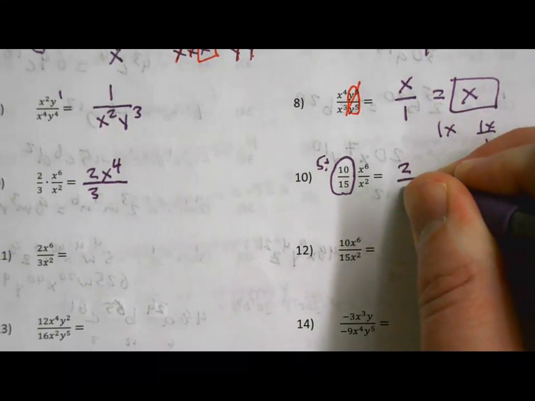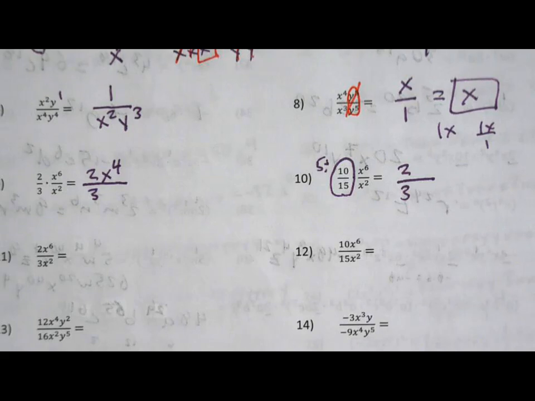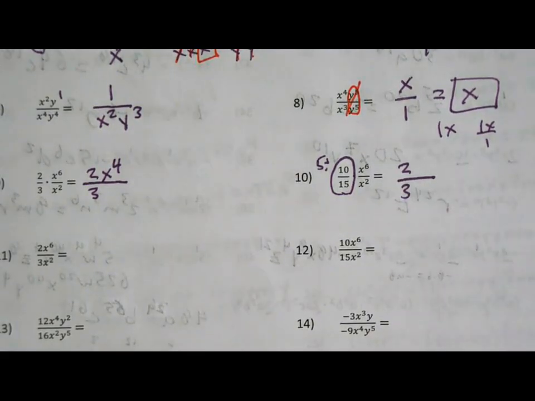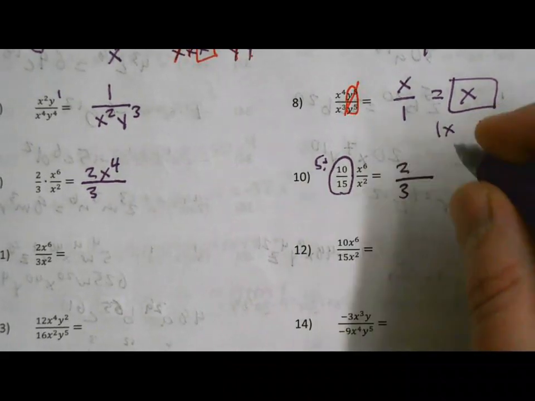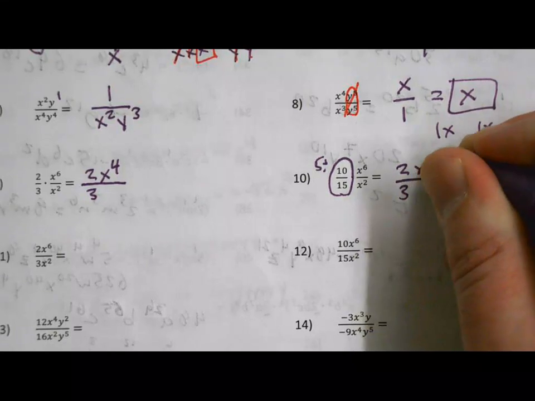That would be 2 and 3. Again, if you're not comfortable doing this mentally, you've got a calculator that you can type 10 over 15 into, and your calculator is going to tell you it's 2 over 3. So 2 over 3 is going to be in our final answer, and then this looks kind of familiar, 6 and 2 again. That's going to be x to the 4th on the top, right?